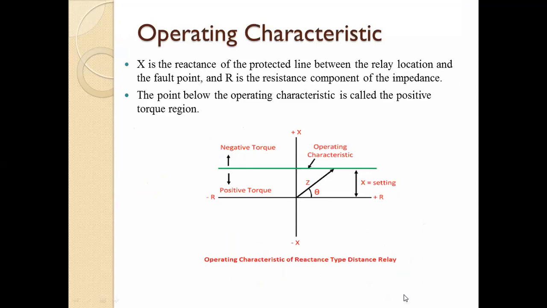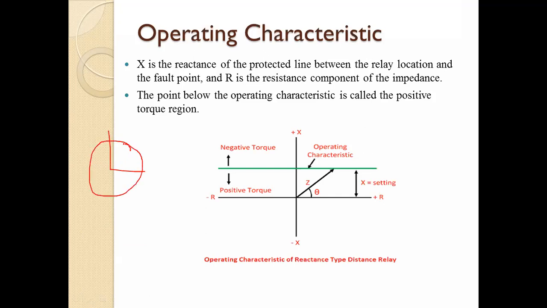Then there is an operating characteristic, just like the impedance relay. In the impedance relay, we have seen the current and voltage characteristic. So we can also plot the RX characteristic. In the RX characteristic, we are considering one region.